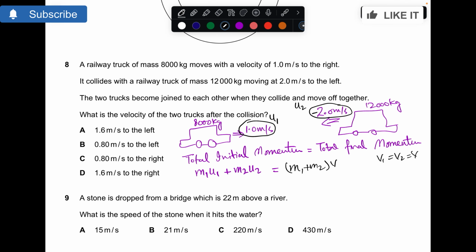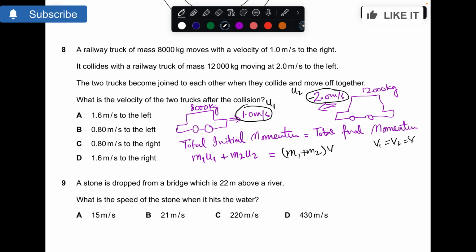So let's put the values. m1 is 8,000 into u1 which is 1, plus m2 which is 12,000 multiplied by minus 2, is equal to 8,000 plus 12,000 multiplied by v. We have to find v, so I'm going to solve it here.